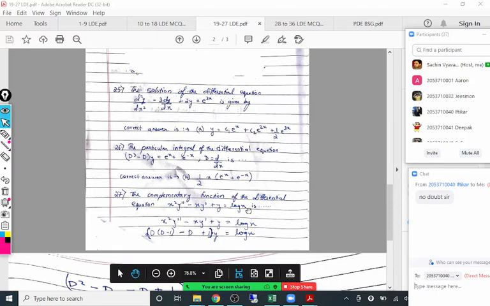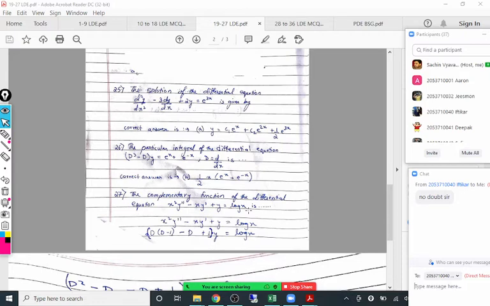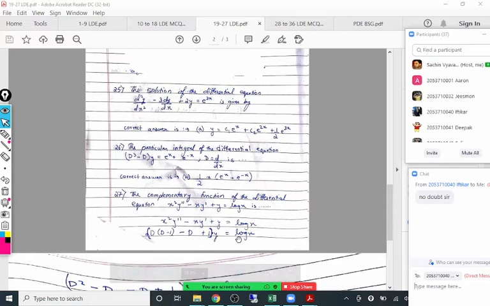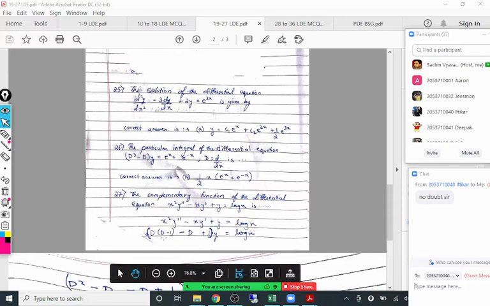27th, the following is a complementary function of the differential equation. Again Cauchy's form is given, and we just want the complementary function only, so don't think about the RHS. Log x, you can just ignore it. Actually he has written it wrong also when he converted it to Cauchy's form. When it is converted from Cauchy's to the LDE, this will not remain log x, so just ignore it and write 0.